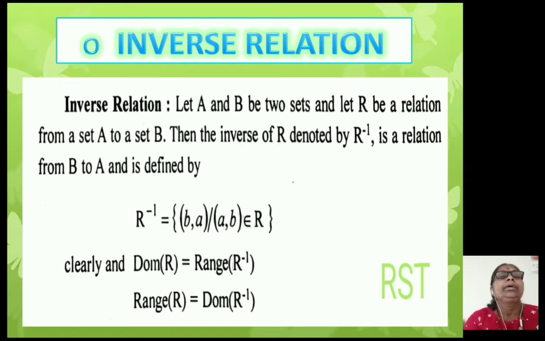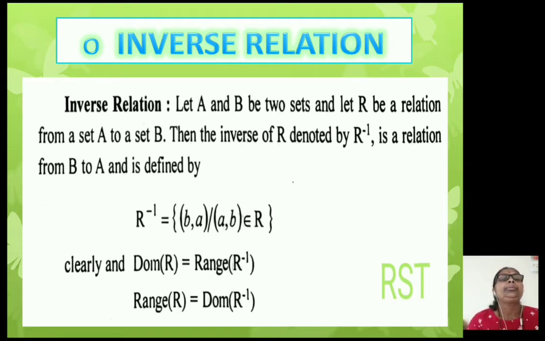Since the inverse relation is, let A and B be two sets, then the inverse relation from set A to B is defined as R inverse equal to the set of all ordered pairs (b, a) such that the ordered pair (a, b) belongs to R. That means, we know that the domain of R contains the first element of the ordered pair and the range of R contains the second element of the ordered pair.